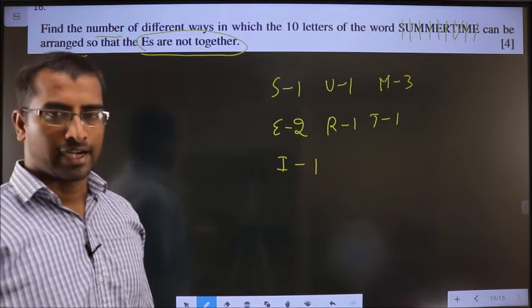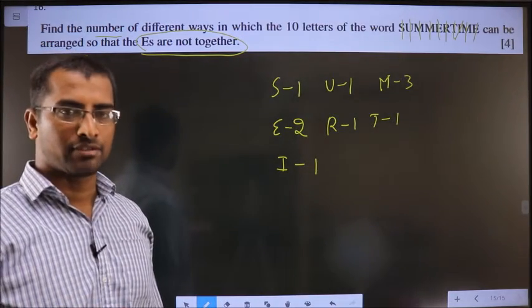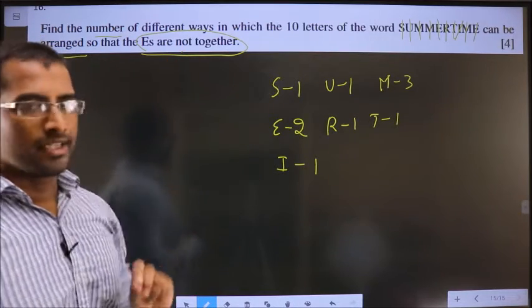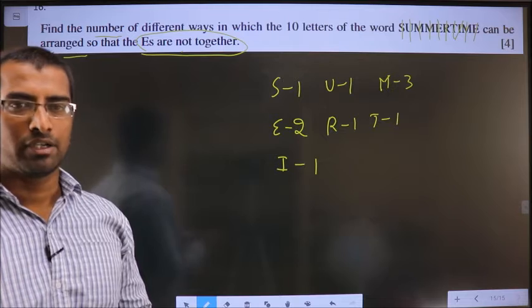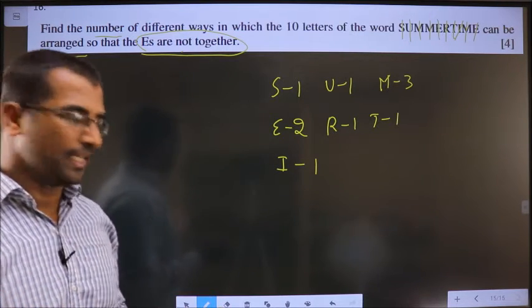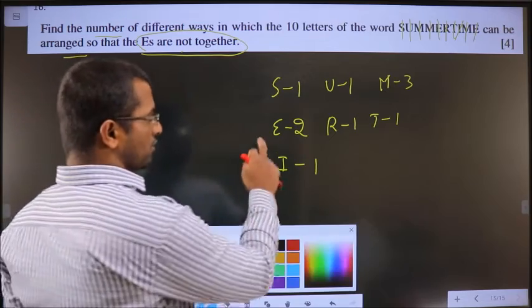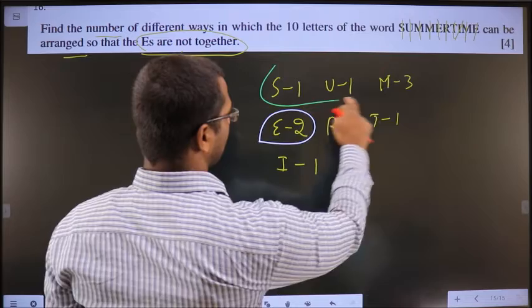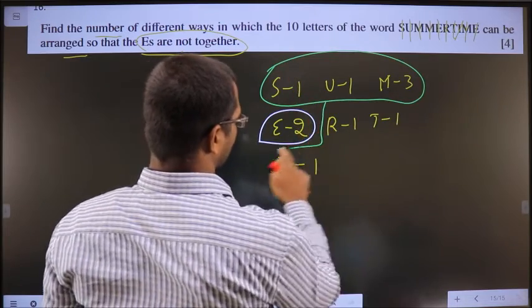Now the condition that I should satisfy is the E's are not together. Whichever should not be together, leave them separate and arrange the remaining. So leave E and the remaining are these letters.